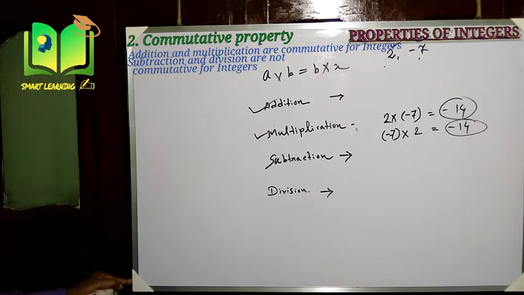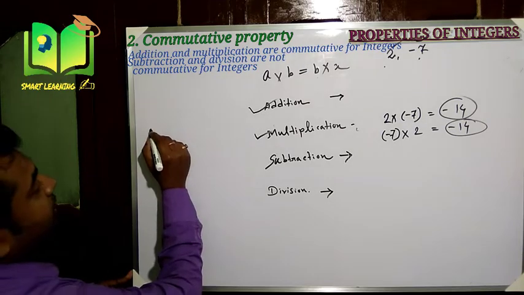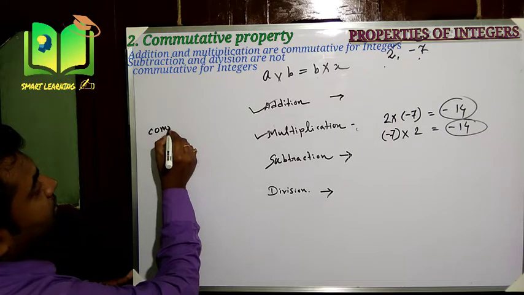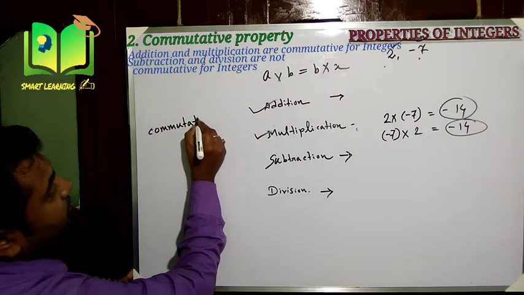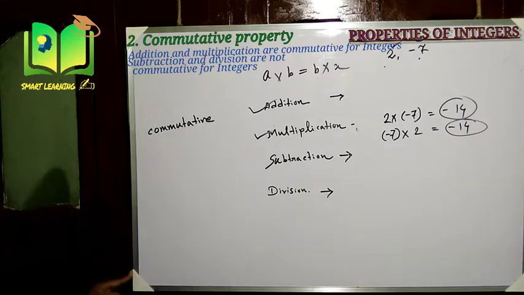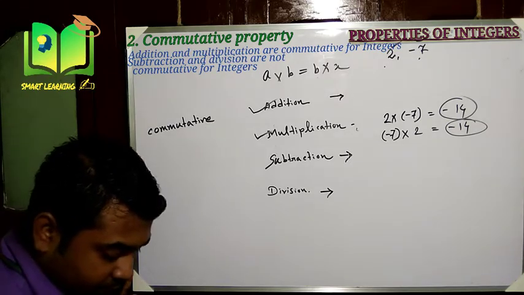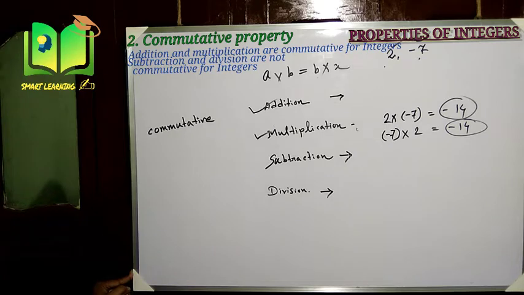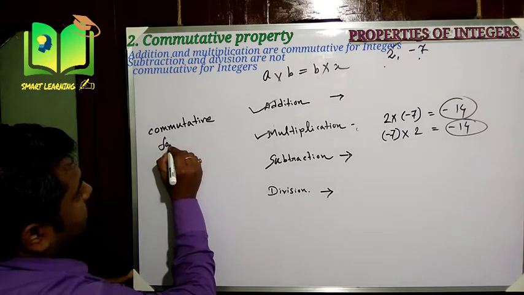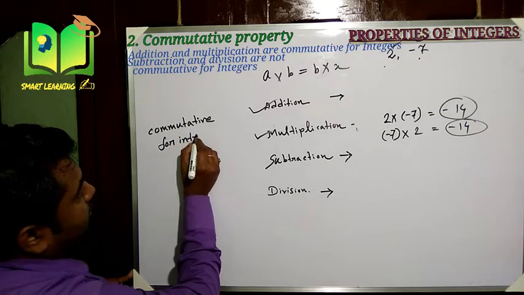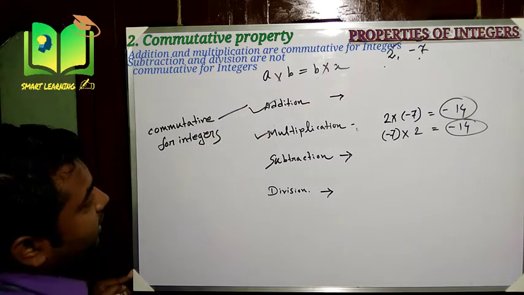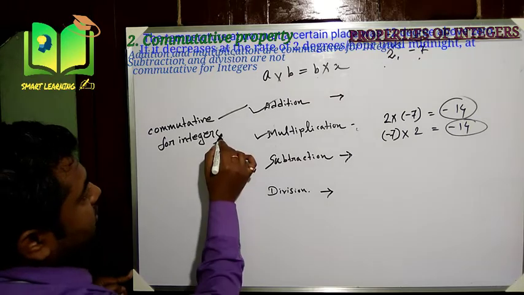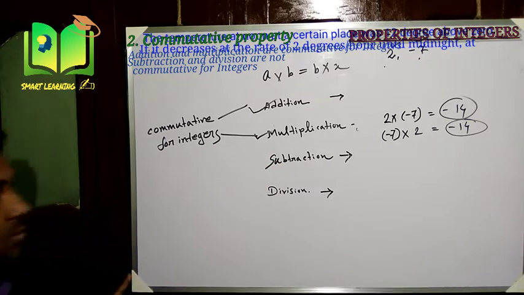So here you can write addition and multiplication both are commutative for integers. In case of addition it follows, and in case of multiplication it follows.